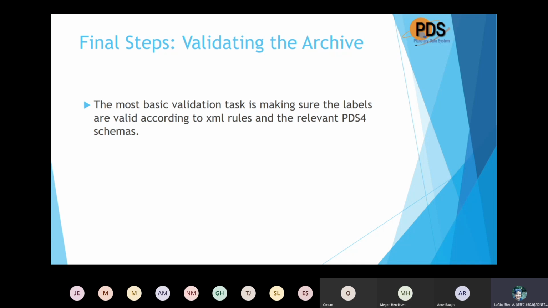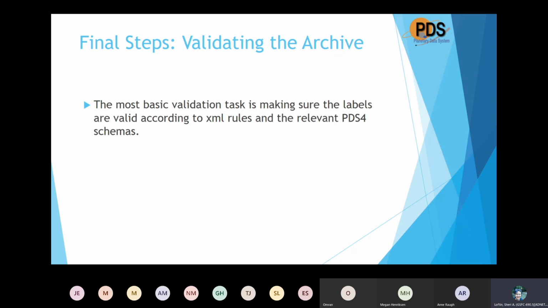So a lot of scientists will use whatever software they're already comfortable with to look at their data. That's a given. A lot of that's just the way it is. But for the PDS archive, we need it to be able to look at the label file and read the data directly.